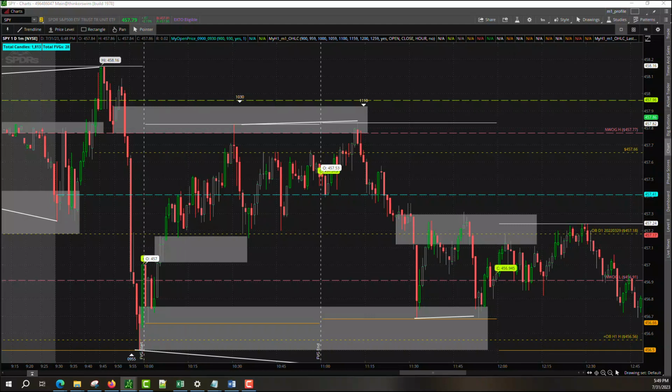What was our entry, I think I did write out the entry. Yeah, we entered around 10:14. So our 10:14. Yeah, we entered right here. We shorted them around here.